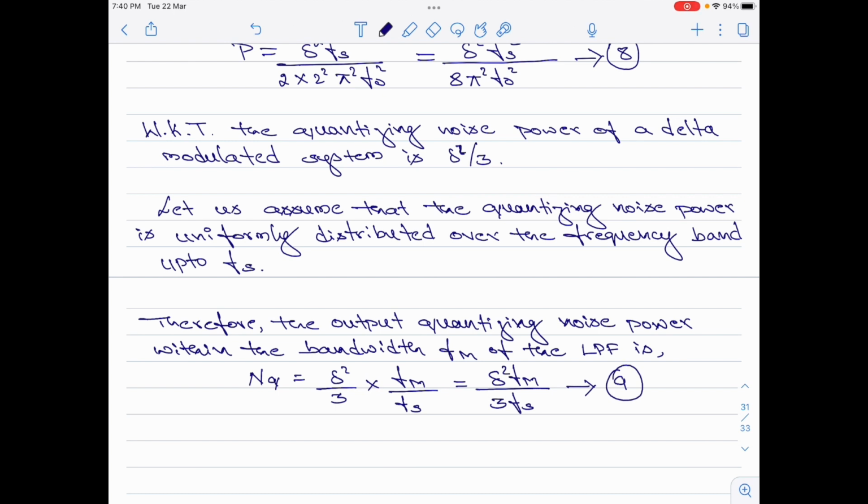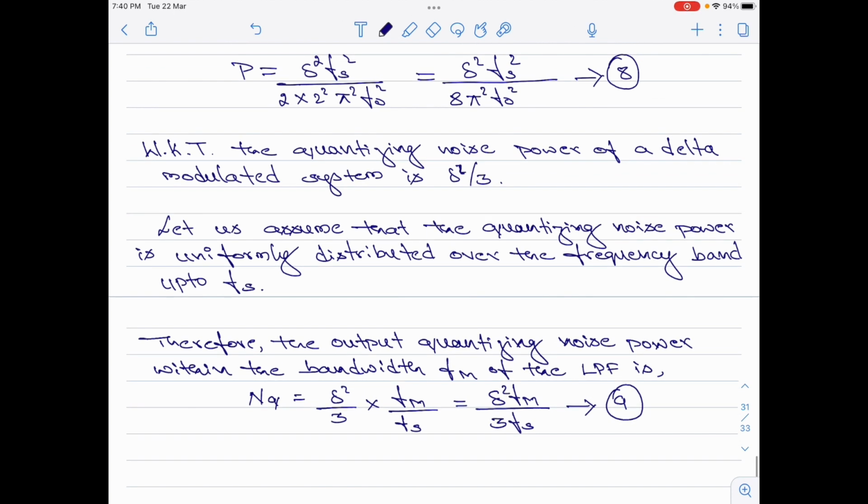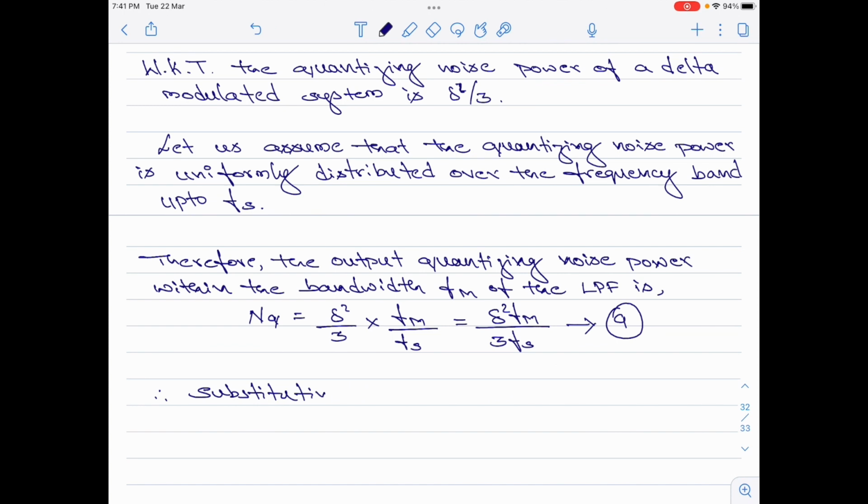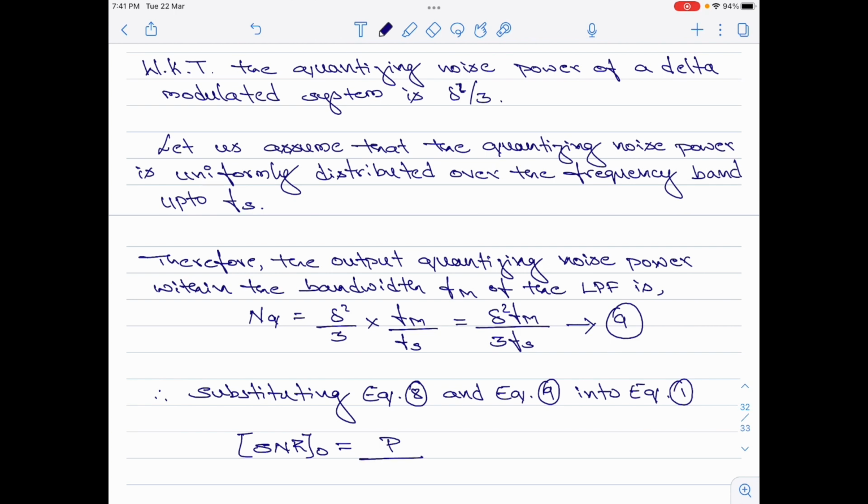Right. So, now we have obtained expressions for the signal power, which is the RHS of equation 8, and the quantization noise power, which is the RHS of equation 9. So, let us substitute equation 8 and equation 9 back into the equation for the output signal to noise ratio. I will rewrite equation 1 here for reference. So, SNR output is equal to signal power P divided by the quantization noise power NQ.